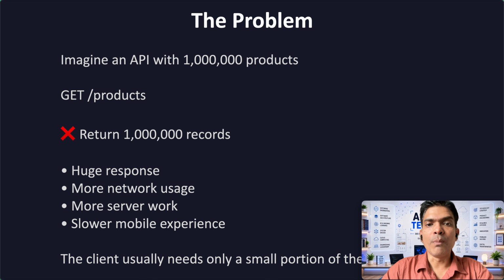It could consume more network bandwidth, require more processing on the server, and could also consume a lot of memory on the mobile device. And most importantly, the user does not need 1 million products at once. They may only see 20 or 30 products on the screen. So instead of sending everything, we need a better approach.